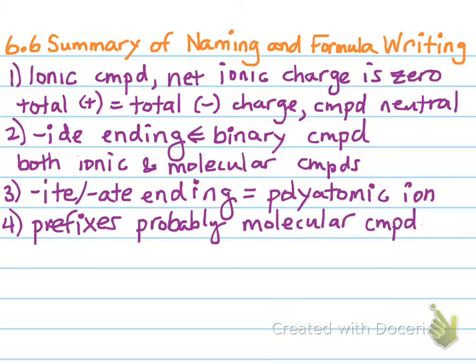Dihydrogen phosphate, dichromate. But you should know that those are polyatomic ions because they end in "ate." Again, prefixes and an element that ends in "ide" mean you likely have a molecular compound, a compound made of 2 nonmetals.